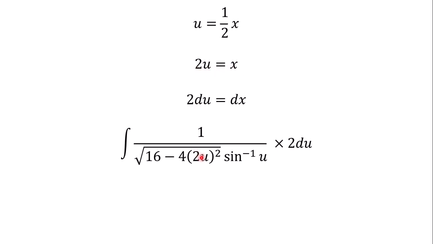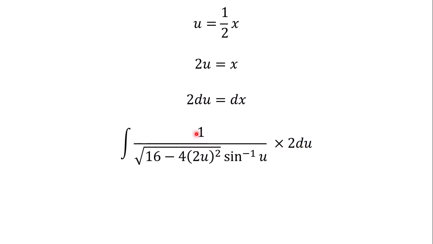So instead of writing x here, we write 2u, because 2u is equal to x. And remember it was being squared, so that's how come we have 4 times the bracket 2u all squared. Now multiply by sine inverse of, it's supposed to be half x, but half x is equal to u. That is why this u is here. Now dx is equal to this one, and that is why this is also here.